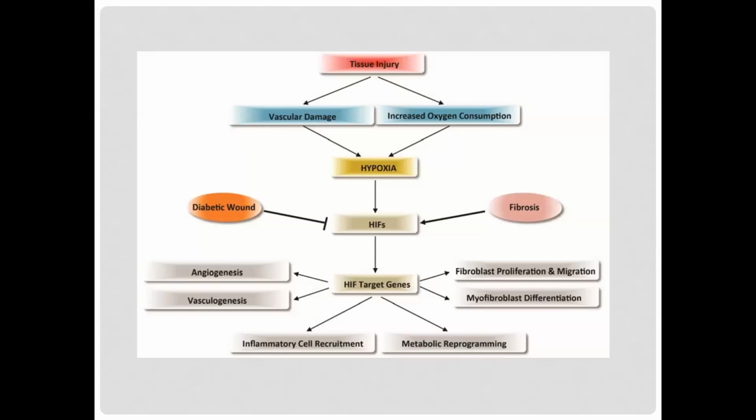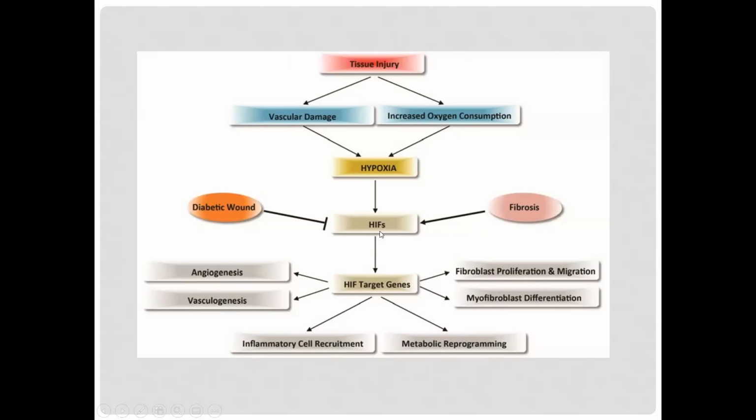And this picture here shows you the different target genes, and you have genes for inflammatory cell recruitment. You have genes for metabolic reprogramming, fibroblast differentiation, fibroblast proliferation and migration, vasculogenesis, angiogenesis.